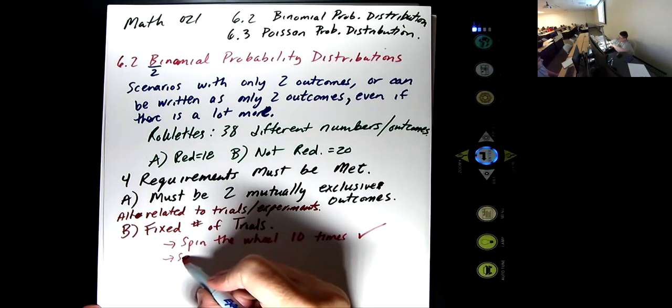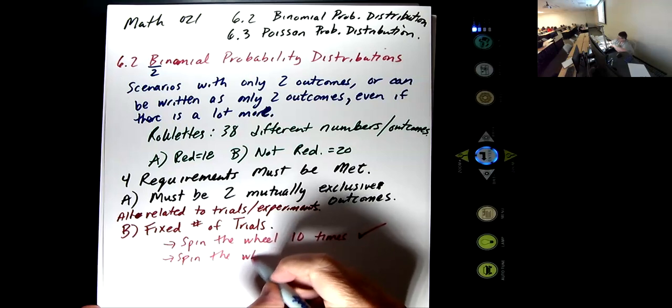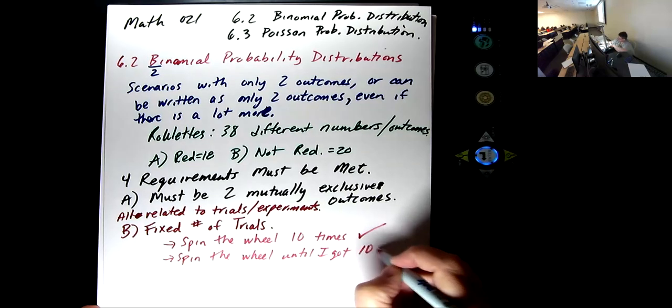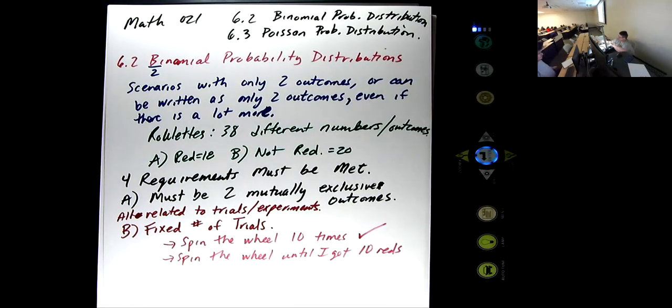Spin the wheel until I get 10 reds, that's bad, because I could get 10 reds right away, or it could take me 100 spins to get 10 reds. So the number of times I have to do the experiment changes. See?